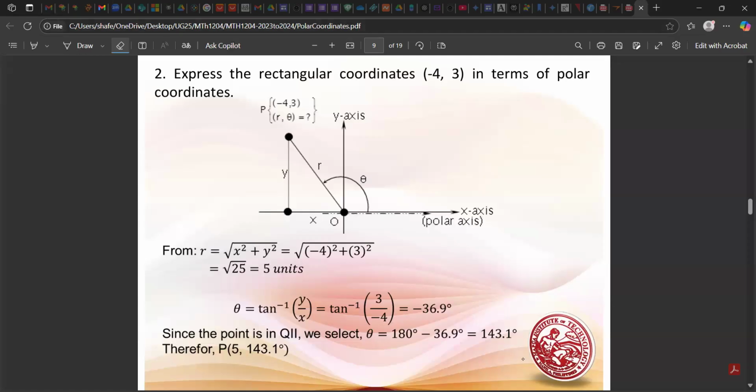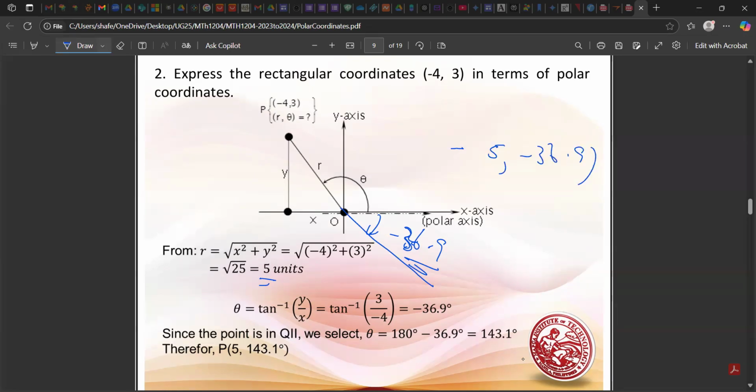Instead of using the negative 36.9, instead of using this, right? And then in that case, you would have to use -5. And it will look ugly now, right? You get -5, minus 36.9. That would look ugly.